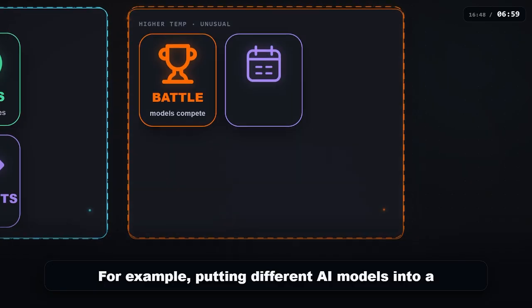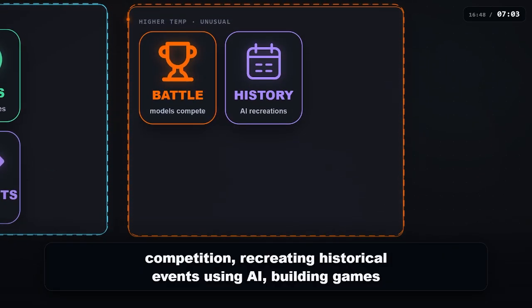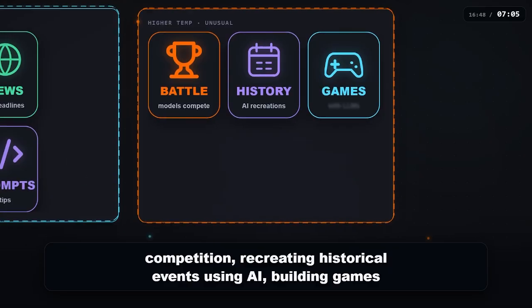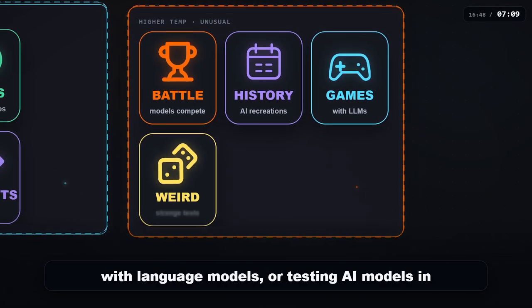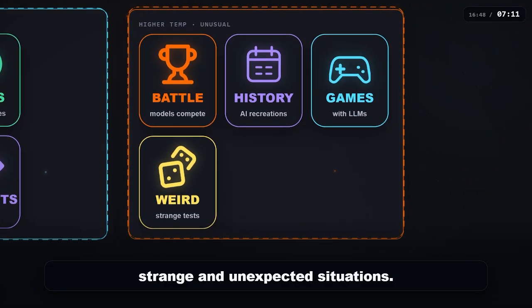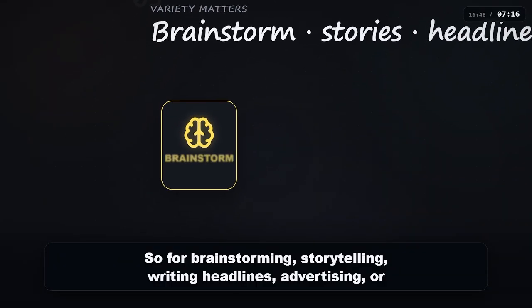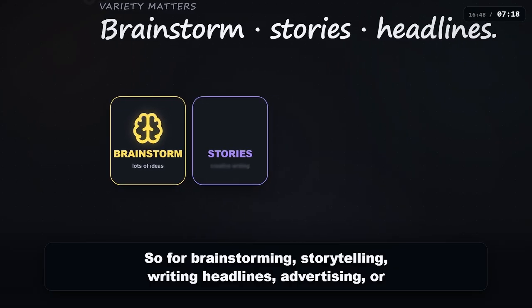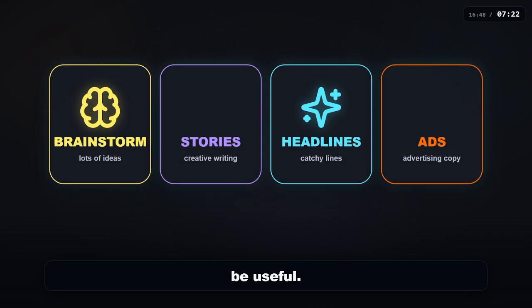For example, putting different AI models into a competition, recreating historical events using AI, building games with language models, or testing AI models in strange and unexpected situations. So, for brainstorming, storytelling, writing headlines, advertising, or anything where variety matters, a higher temperature can be useful.